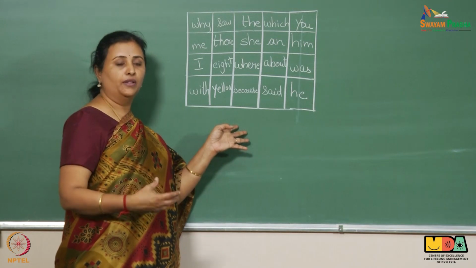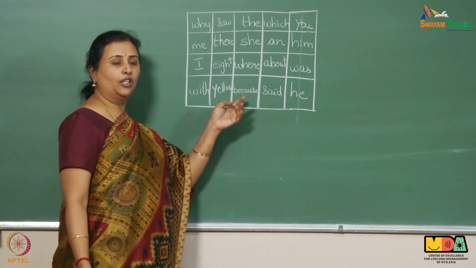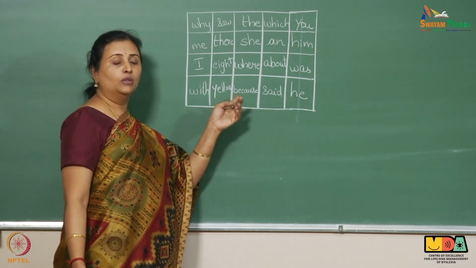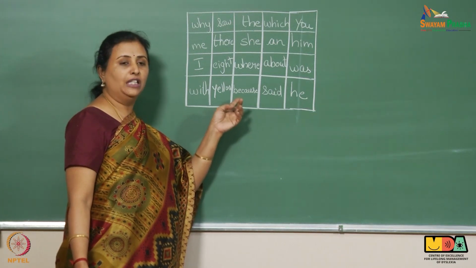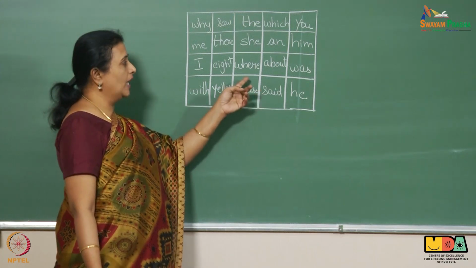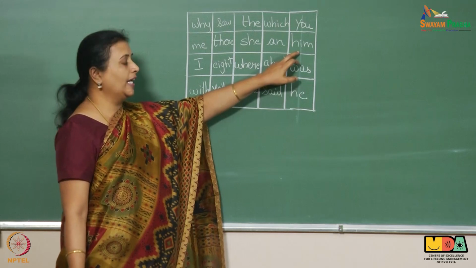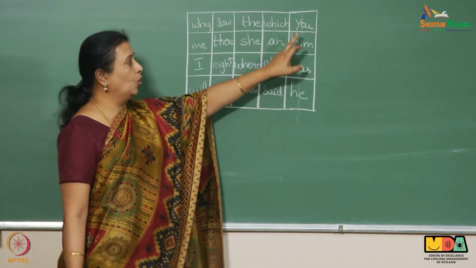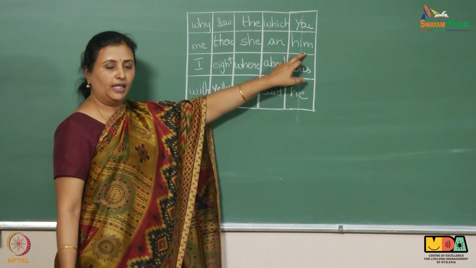As a teacher, when the teacher calls out the word, the child will have to locate the word and read it aloud, and also has to tell the teacher the place in which the word is located. For example, if I am going to ask my child to read the word him, he has to locate the word him and say that it is in the second row, 5th column, and read out the word aloud.